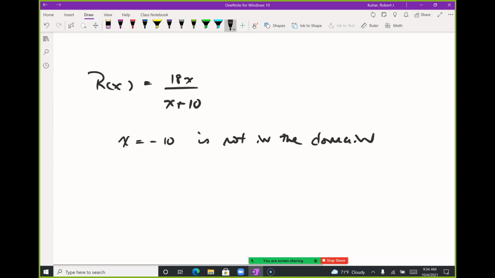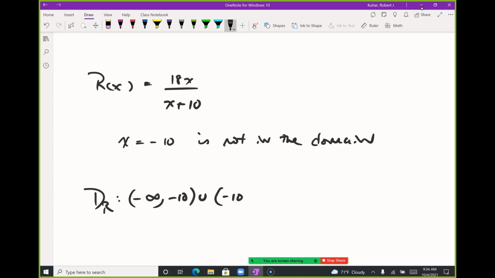The domain of R is minus infinity to negative 10 union negative 10 to infinity. I could also have written that as all of the reals minus the singleton negative 10. But the book is usually asking for intervals most of the time.